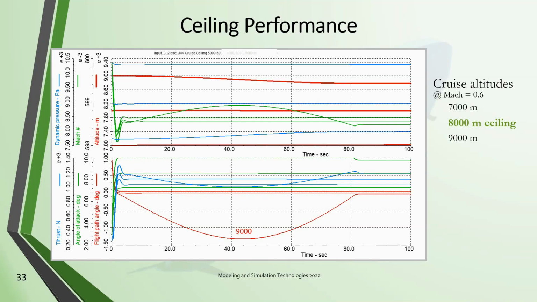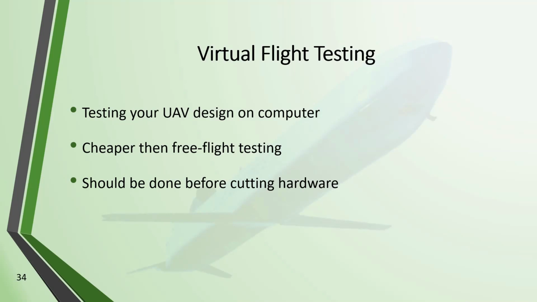So here the answer is, well, the cruise ceiling of this UAV is 8,000 meters. So the students go through all these plots and determine the best gains and the performance of this UAV.